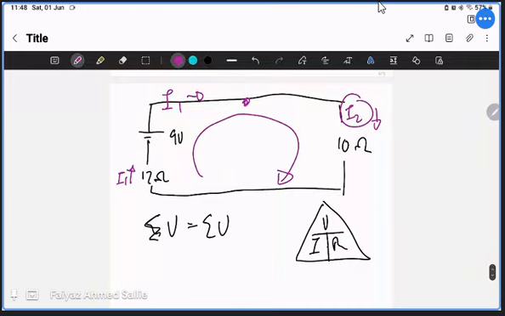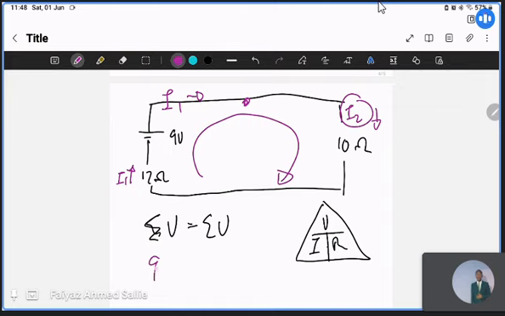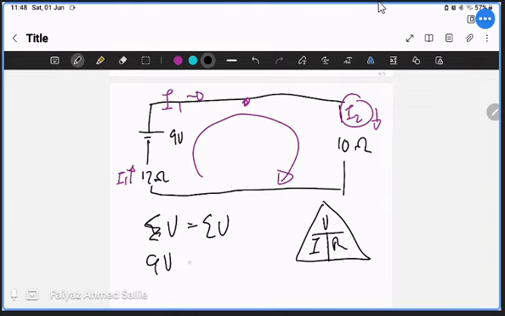So let's do the mathematics. So we're going to solve this equation and do 9 volts is equal to minus 12 I1 equal to. So this is our left hand side and this is our right hand side.